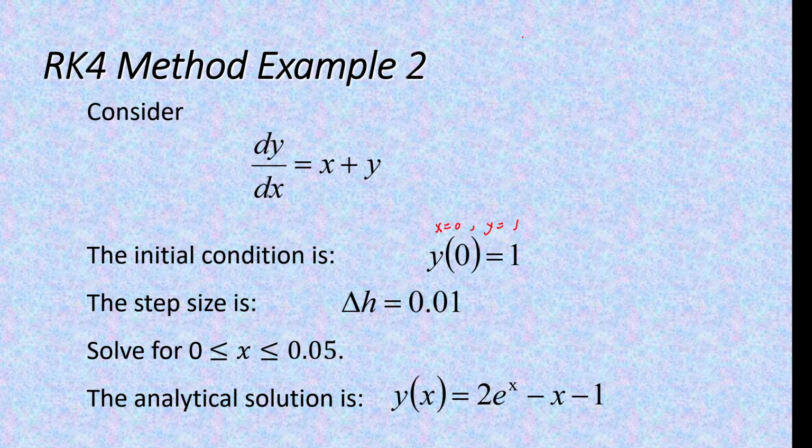So same thing, you just need this f(x,y). So k1 equals h f(x,y), where h is 0.01. The f(x,y) is x plus y here, and then you key in this as the first formula.